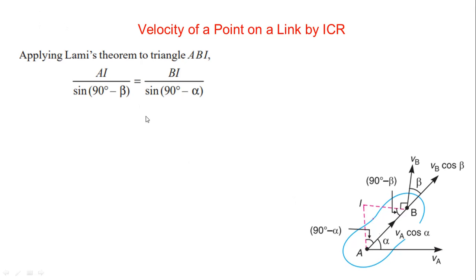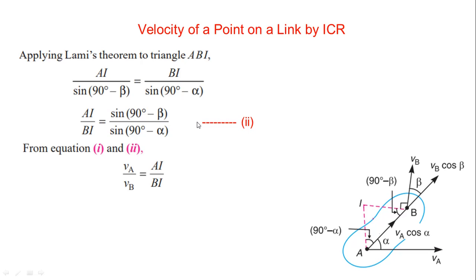So by applying Lami's theorem or the sine rule over here, we can write AI upon sine of 90 minus beta equal to BI upon sine of 90 minus alpha. If you rearrange this equation, AI upon BI is equal to sine of 90 minus beta upon sine of 90 minus alpha. If you compare equation number 1 and 2, you may write VA by VB is equal to AI upon BI.